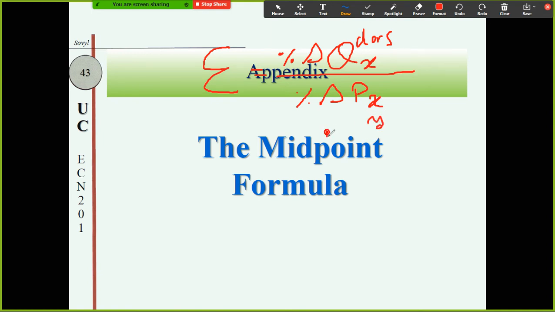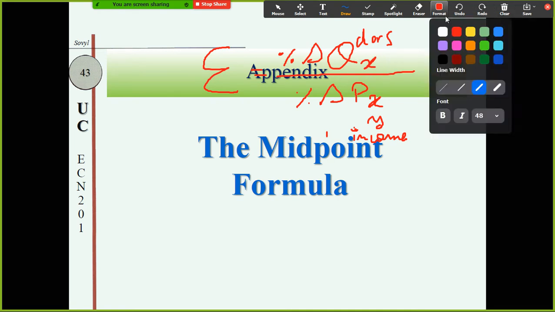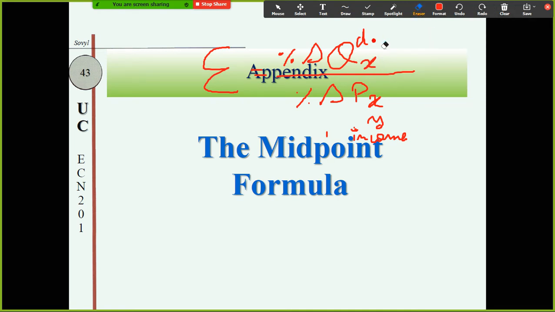But I'm not taking all of them together, just one. If you understand this one, you can apply it to the others. Let's say only demand, only X. This is cross price elasticity of demand for good X. If you change it to S, this is cross price elasticity of supply of good X.